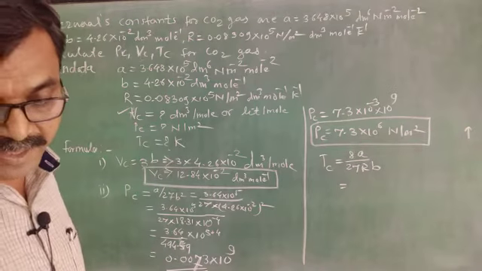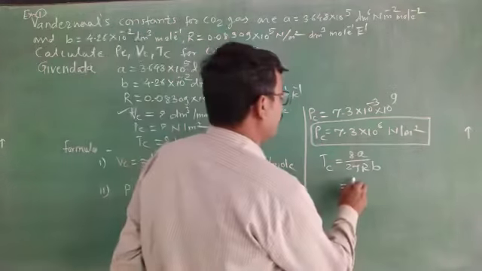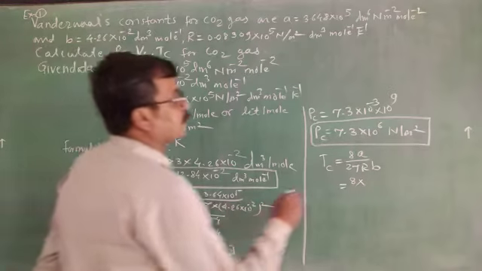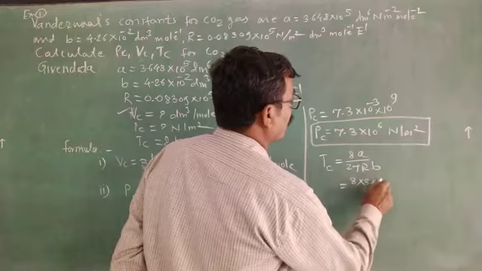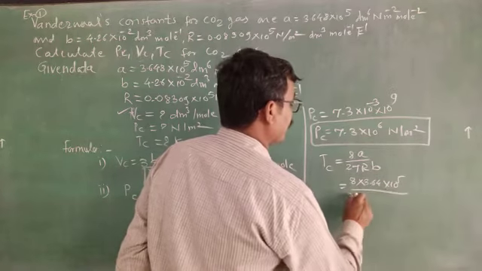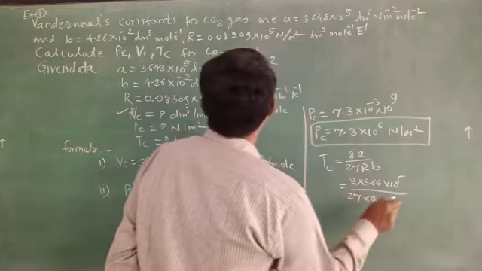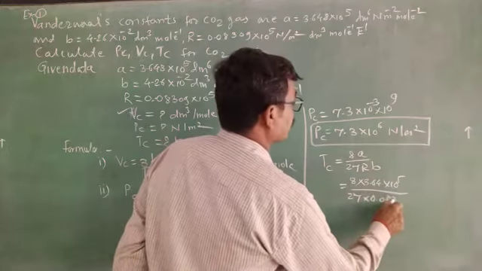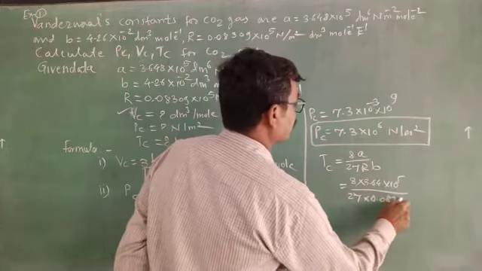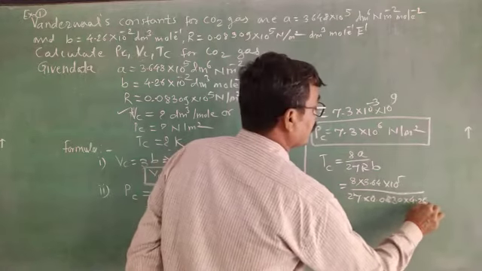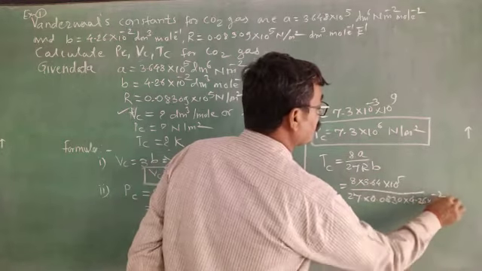See, 8 multiplied by, what is the value of A? A will be 3.64 into 10 raised to power 5. Then 27, R will be 0.0830. Then B, what is the value of B? B will be 4.26 into 10 raised to power minus 2.